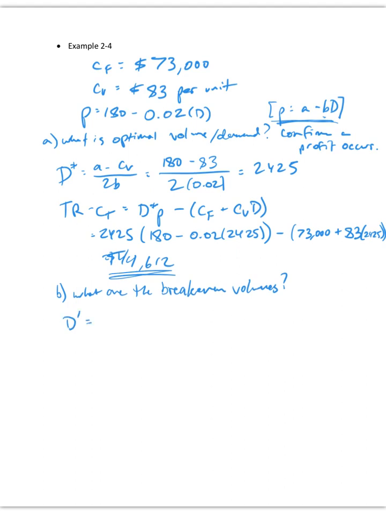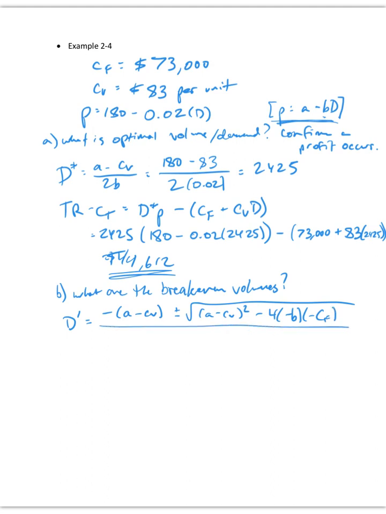D prime is equal to negative A minus CV plus or minus the square root of A minus CV squared minus 4 negative b negative cf, all over 2 times negative b. So let's plug these in.